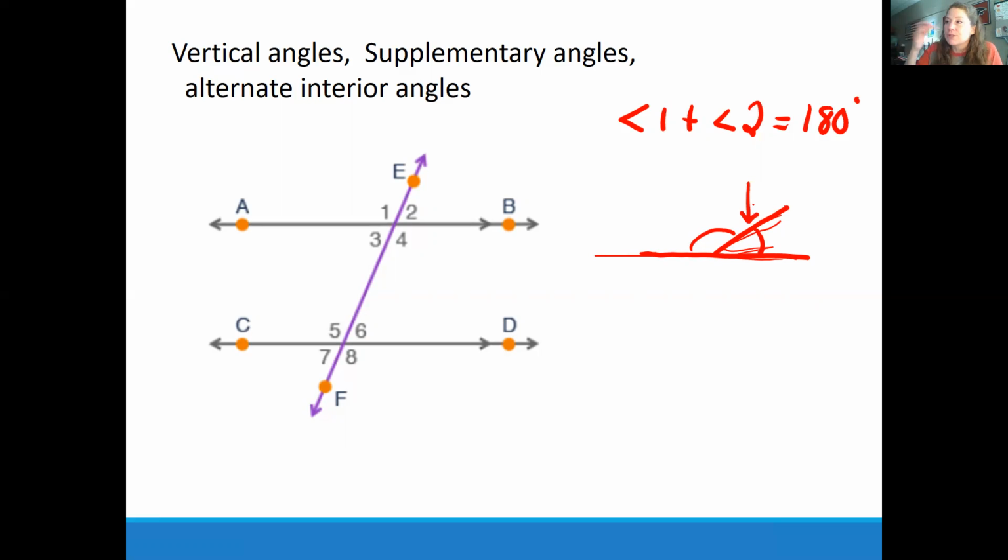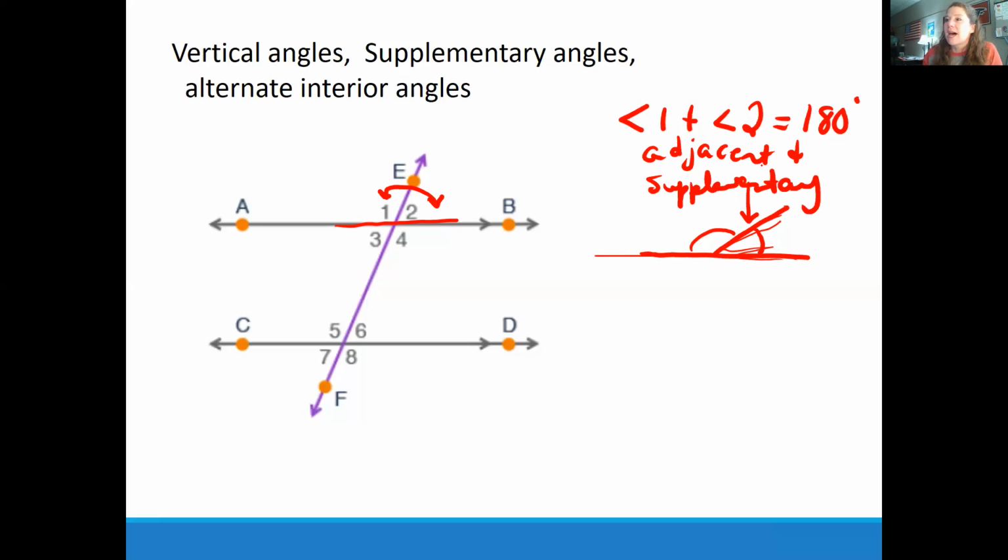They're next door neighbors. They live beside each other. That means they're adjacent. So angles 1 and 2 are adjacent because they share a common side, and together they form this straight line, so they're supplementary.